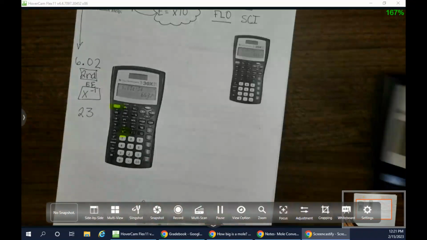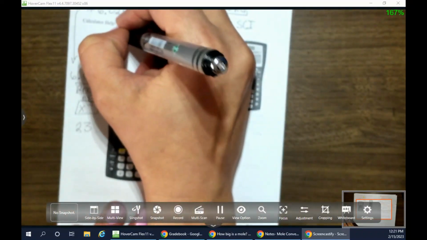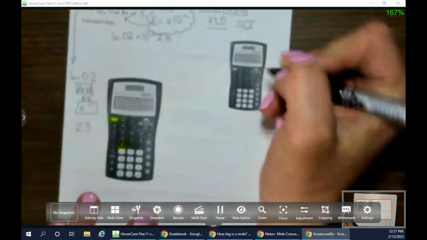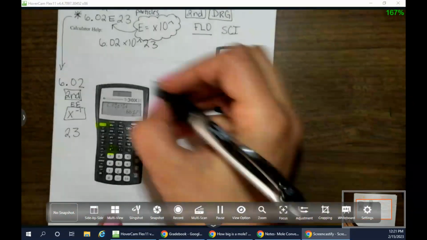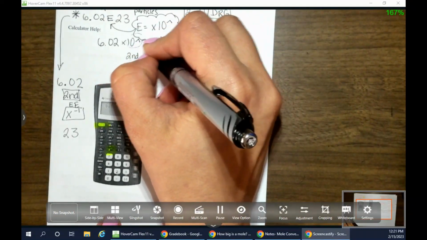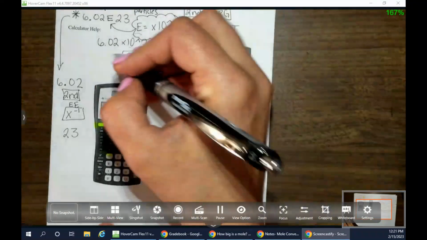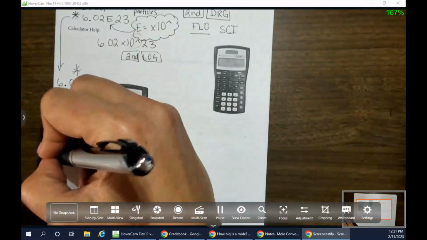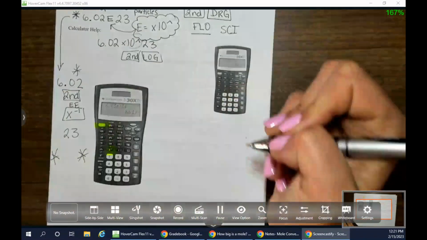If you feel very strongly that you want to use parentheses, you can always type in 6.02 times 10 to the 23rd. You can technically hit second log as well for this portion. So you have 2 options, but once again, I recommend using E. This is what I will always be doing, and there you go.